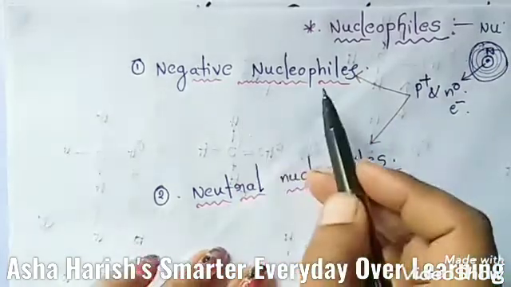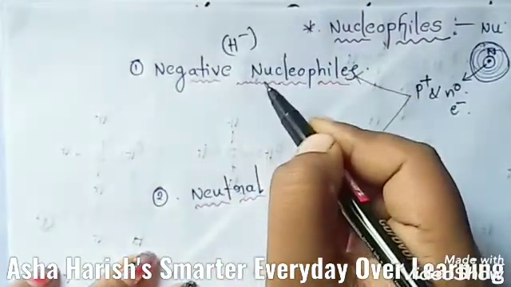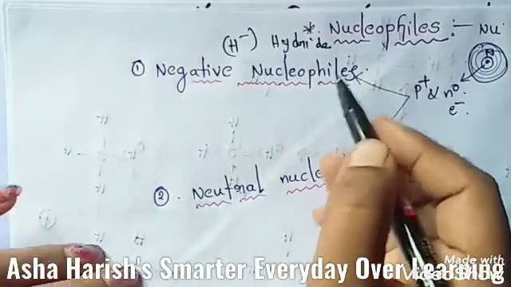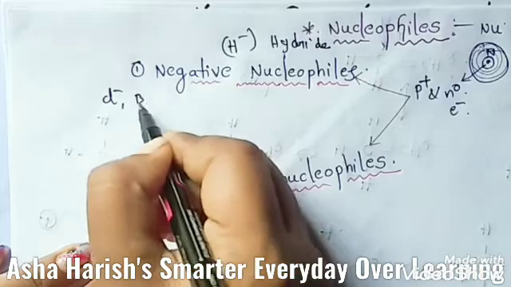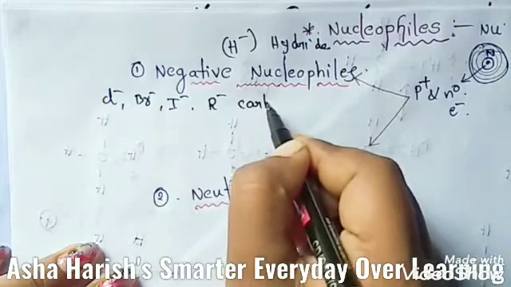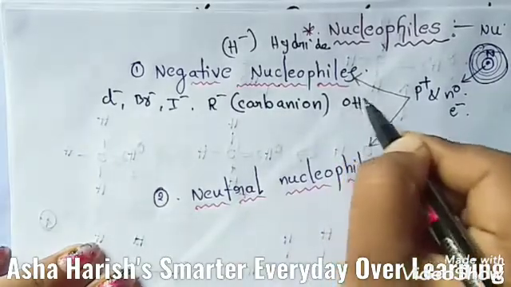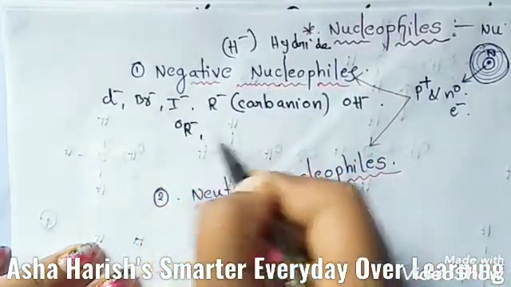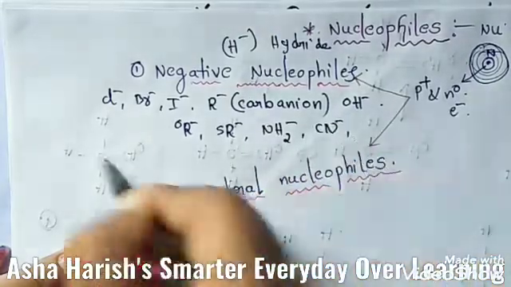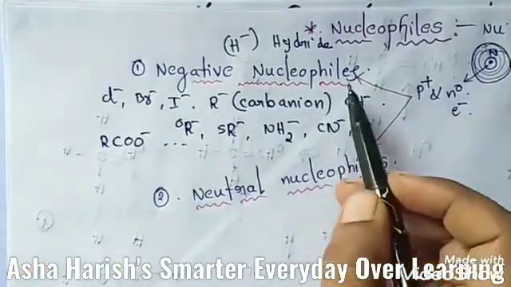In the first type, negative nucleophiles, we have H minus, hydride ions, and more examples: Cl minus, Br minus, I minus, R minus, a carbanion, and OH minus, OR minus, SR minus, NH2 minus, CN minus, and RCOO minus, etc.